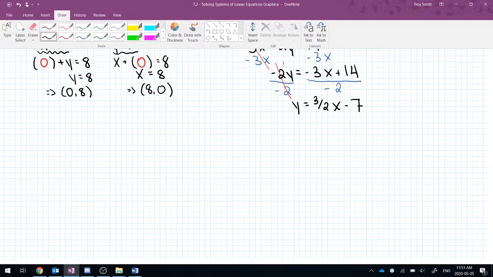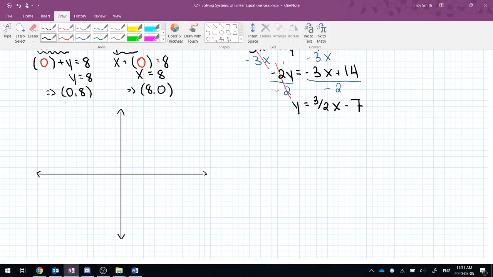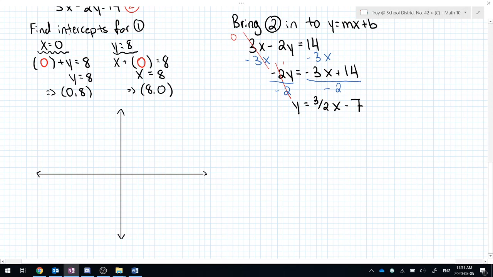So let's go ahead and set up a graph here. And we are going to be looking for where our points cross over. That was the whole point, right? Hopefully I made my graph big enough there. Okay, so we'll do question 1. We'll do equation 1 in red.